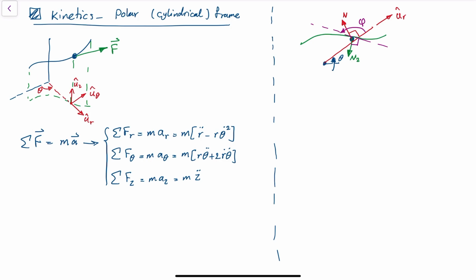If you know the equation of this path, the green path, r as a function of theta, you can calculate the tangent of that angle psi to be r, which changes, divided by the derivative of r with respect to theta.